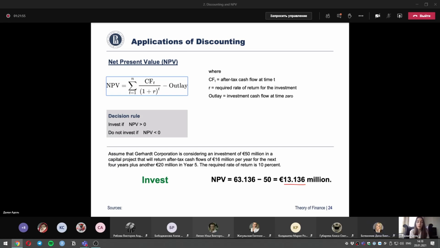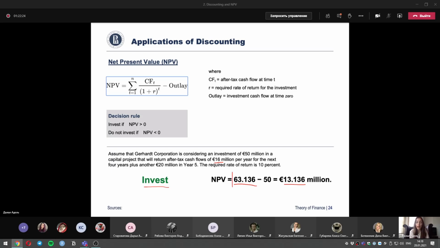One of them was to account for 16 million only once. You receive 16 million four times, from year 1 to year 4, so don't forget about it. Overall, your present value will be 63.136. In this way, of course, we invest in this project.